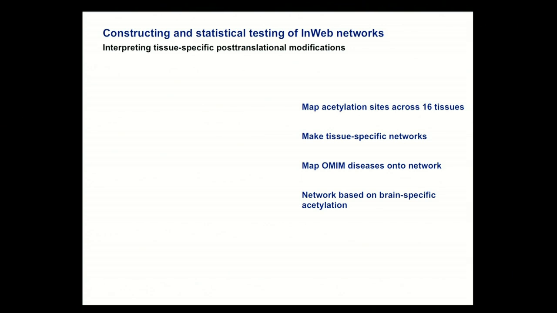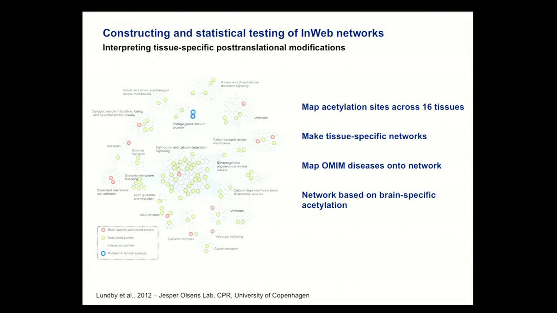And then the example that I'm going to show you now is a network based on brain-specific acetylation. And like I said, we took proteins that were found to be acetylated in the brain. We expanded the network using the method that I just showed you. And then we mapped onto this network the pathways that emerge, and it turned out that these pathways are clearly brain-specific. I mean, it's not perfect. It's not like we're getting only brain-specific pathways.